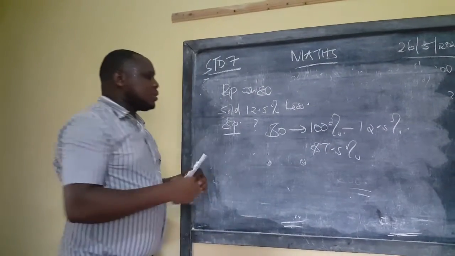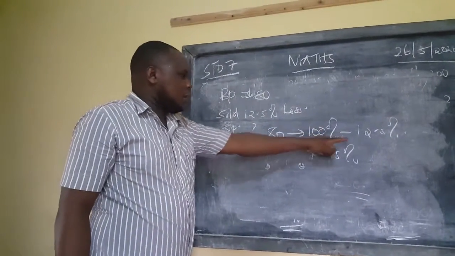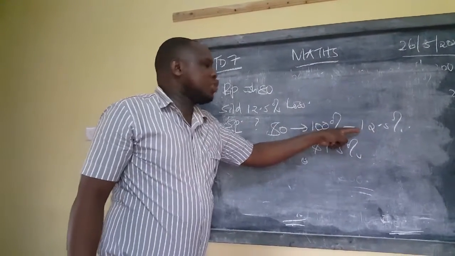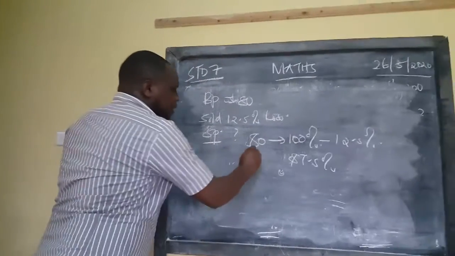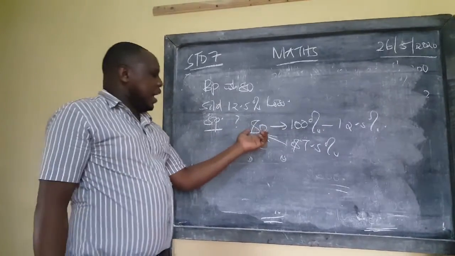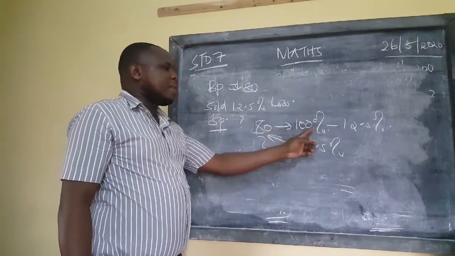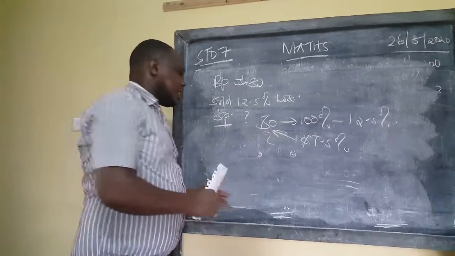So instead of the person selling at a profit, the person sold at a loss of 12.5. You subtract 12.5 from this side and you get 87.5%. So you ask yourself, if 80 shillings, the buying price, is 100%, what about 87.5%? What amount is that?